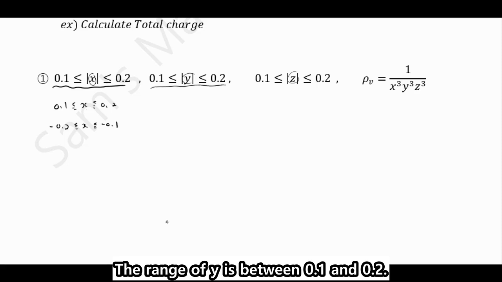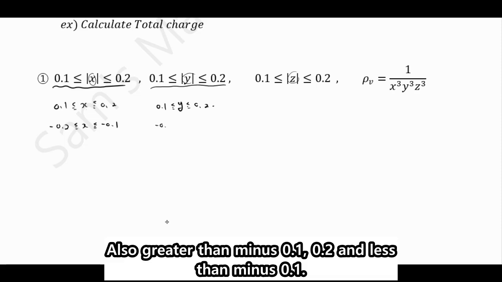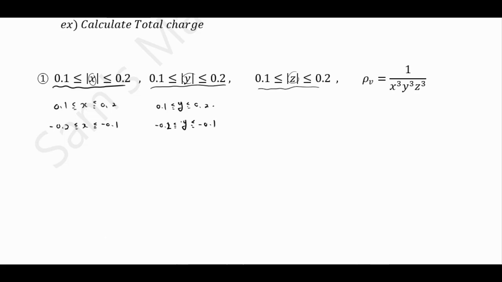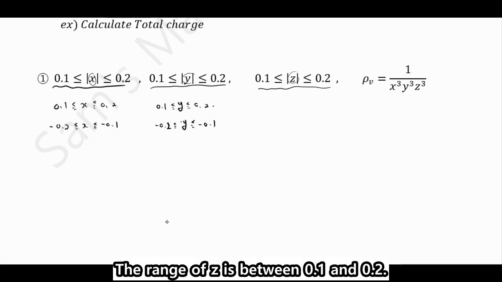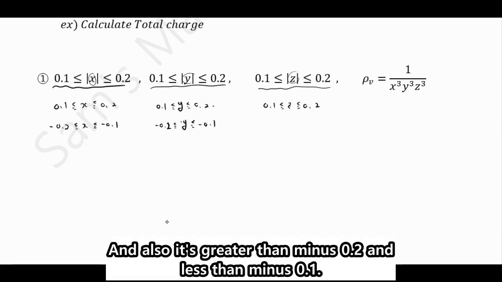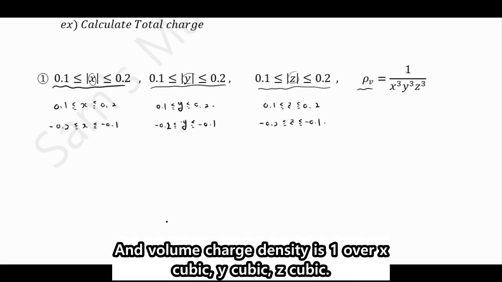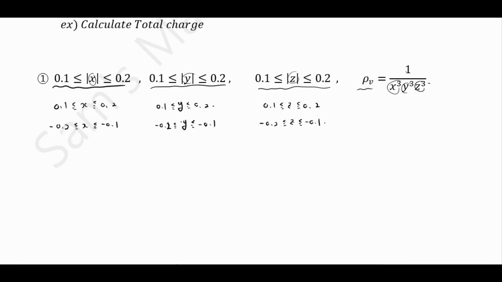The range of y is between 0.1 and 0.2, and also greater than minus 0.2 and less than minus 0.1. The range of z is between 0.1 and 0.2, and also greater than minus 0.2 and less than minus 0.1. And the volume charge density is 1 over x cubed, y cubed, z cubed.